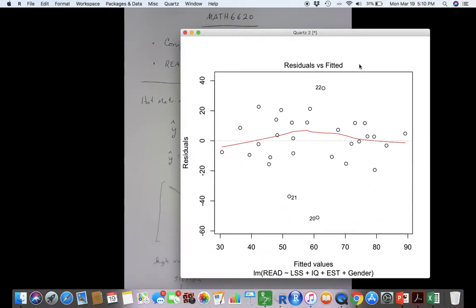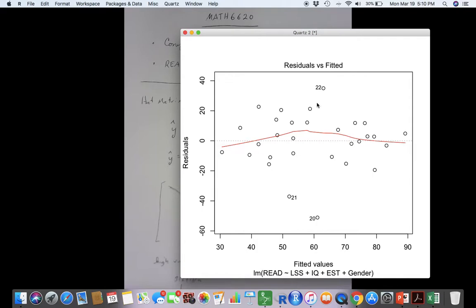The next thing we get are the residuals versus the fitted. Guys, you should never, ever, ever conduct a multiple regression without reporting this plot. What you look for there is 3 things. First of all, the residuals versus fitted plot gives us indication of whether or not linearity has been violated.